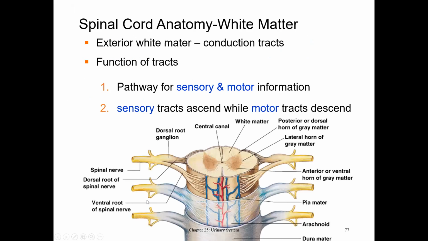So the tracts go up and down. Sensory goes up in the white matter. Motor goes down in the white matter. The dorsal horns contain sensory input, and the ventral horns are motor output.